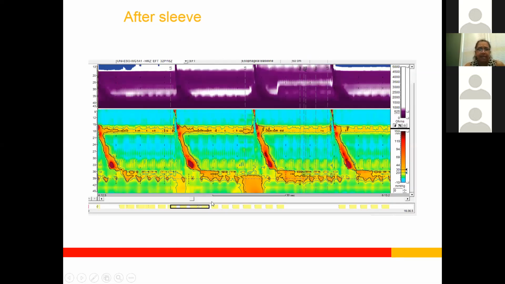And then this is a patient after sleeve with, I can see this better with the Sandhill system than the Gibbon system, but if you see this high pressure area, it's been a correlate for high pressure within the sleeve.